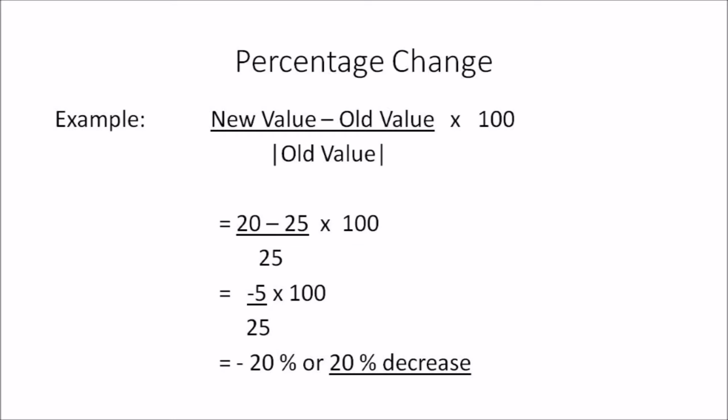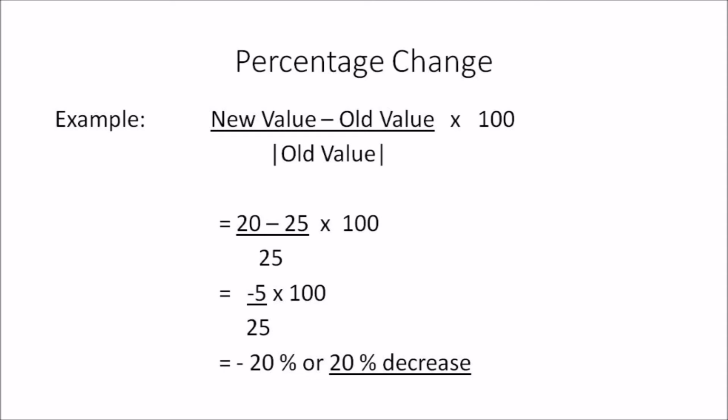So the lollies decreased over the past day. So it went from 25 to 20. And when you subtract 25 from 20, you get minus 5. So minus 5 divided by 25 multiplied by 100, you'll get negative 20%.